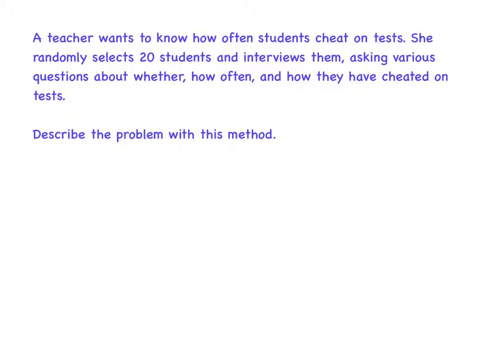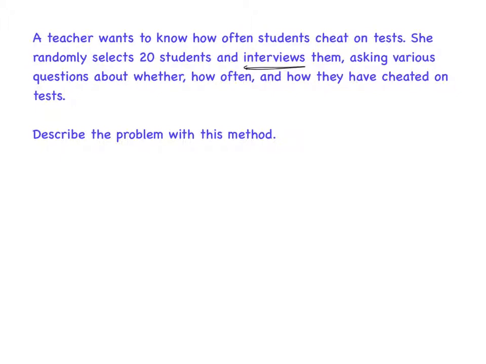However, generally speaking, if students are questioned by somebody that they know as a teacher and it's about cheating on tests, then they're probably not going to be terribly honest. This interview method also causes a response bias.